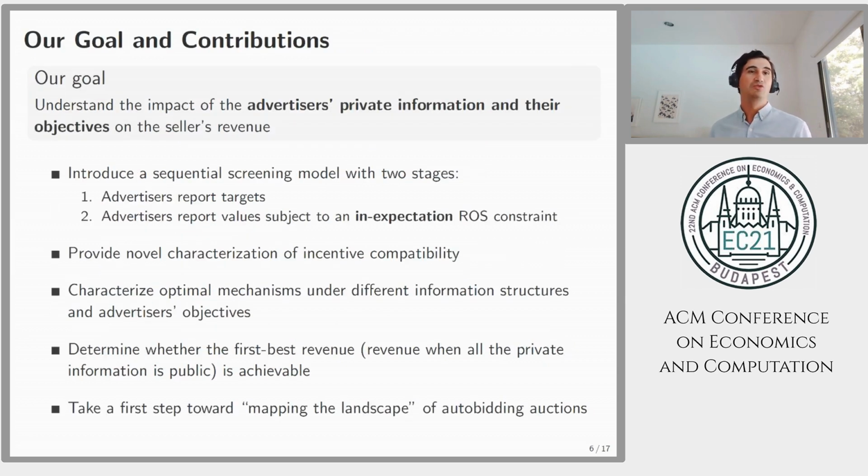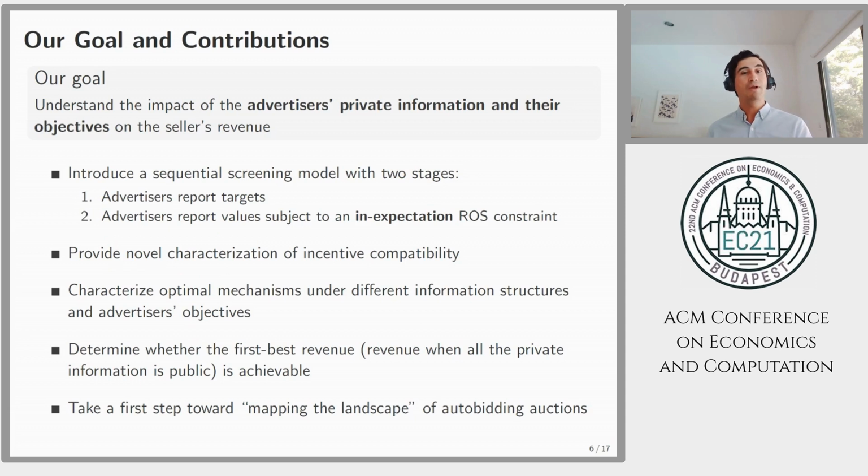So what's our goal and contribution? Our goal in this paper is to understand the impact of advertisers' prior information and their different objectives on the seller revenue. In order to achieve this goal, we introduce a sequential screening model with two stages. In the first stage, advertisers are going to report their targets. In the second stage, advertisers are going to report their values, subject to the return on spend constraint that is going to be satisfied in expectation.